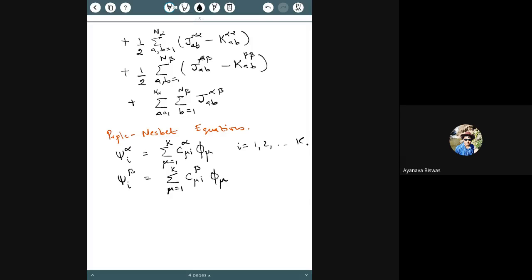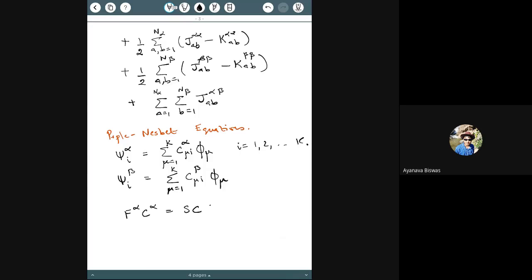When you do this, you will get very similar matrix equations for the alpha and the beta part.